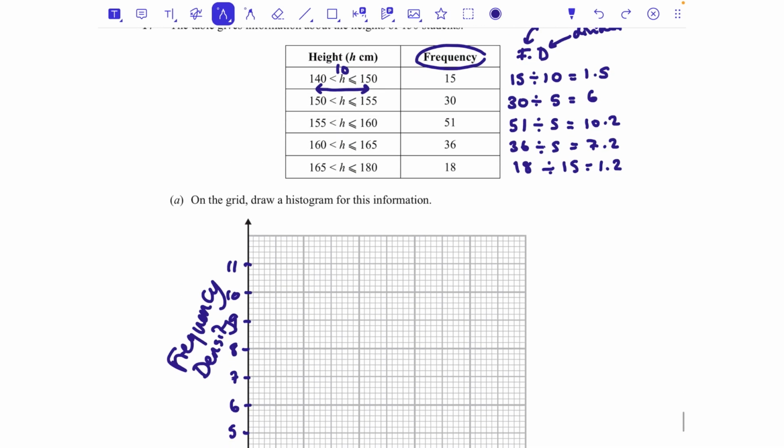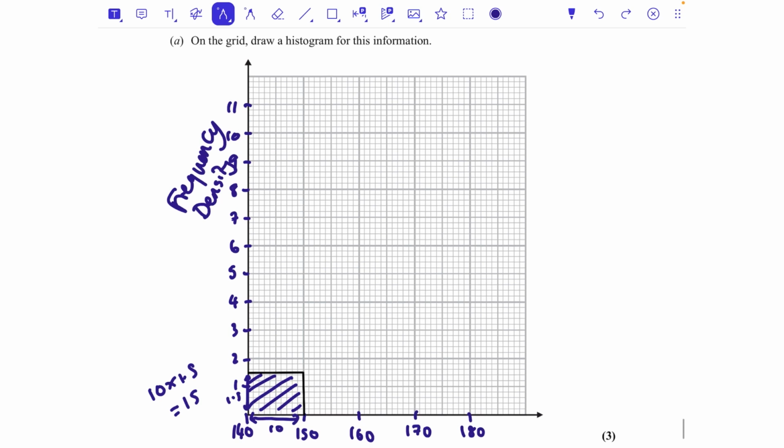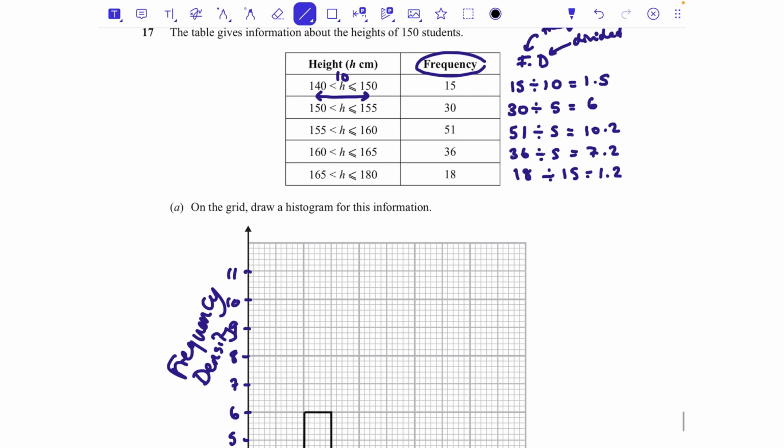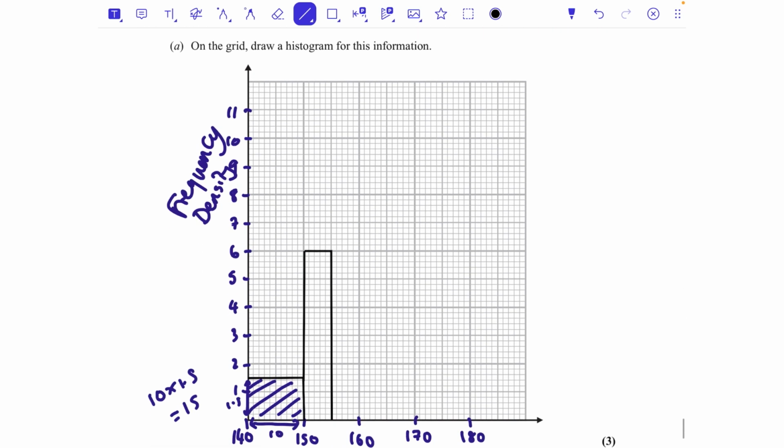The next bar has a width of 5 and a height of 6, so let's draw that. It's only 150 to 155, that's why it's narrower. And then we've got 155 to 160 going up to 10.2, which is going to be one little square above. Each square is 0.2 in our y-axis direction.